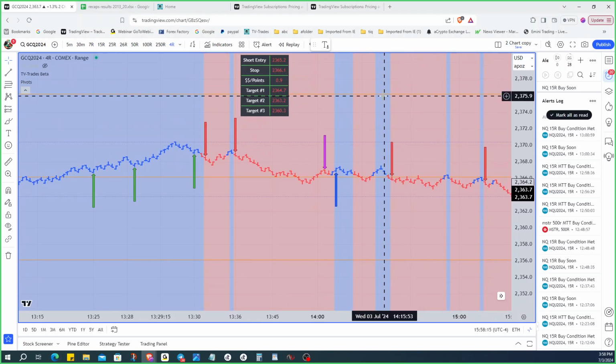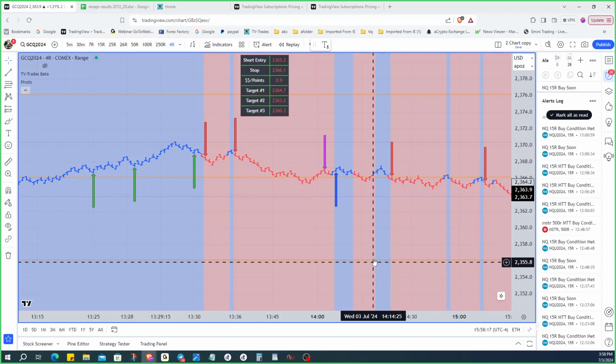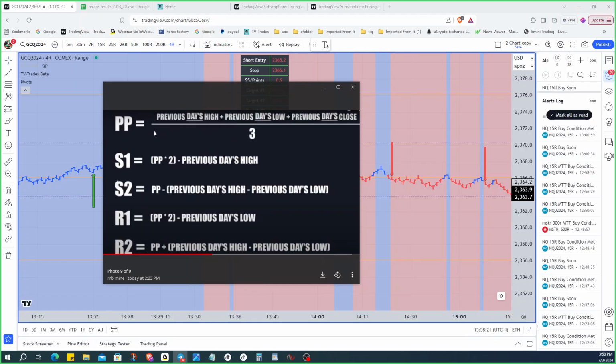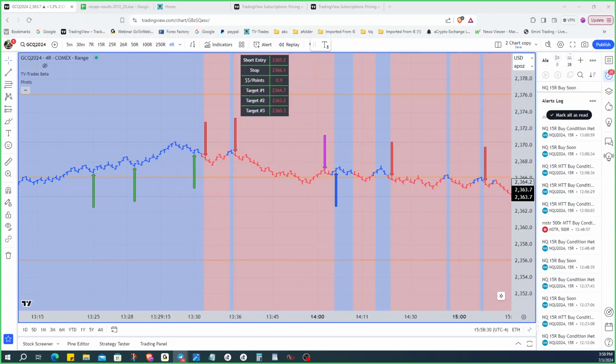You see these right here, pivot point there, and there. That's the formula for those points: previous day's high, low, close, and then support levels and resistance levels. But that really doesn't pertain to, it's not in context with what we're doing. Okay.